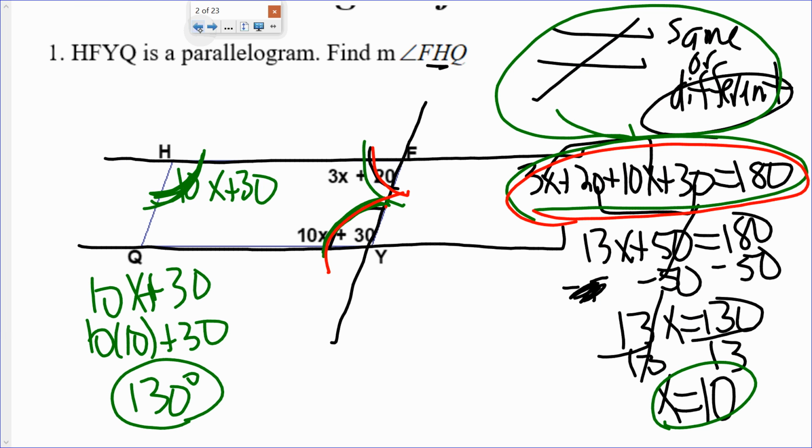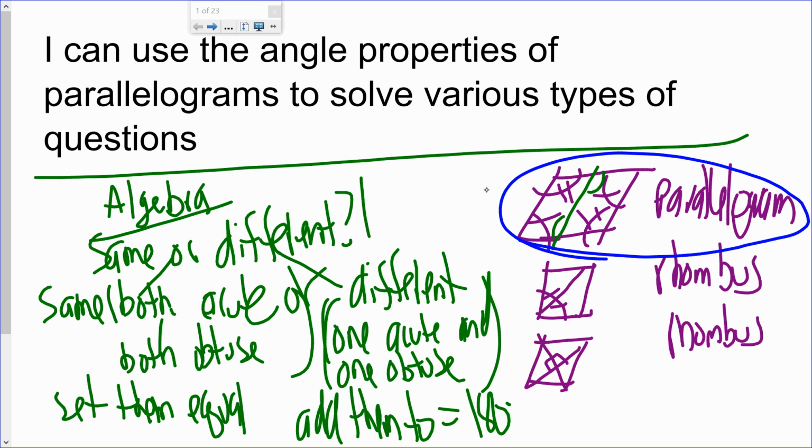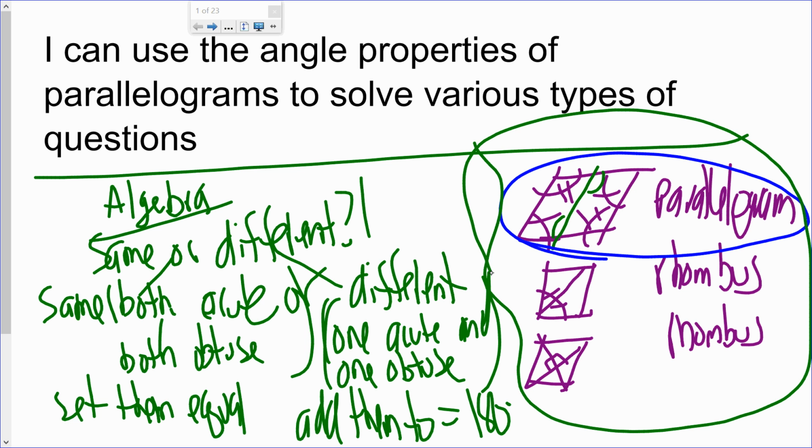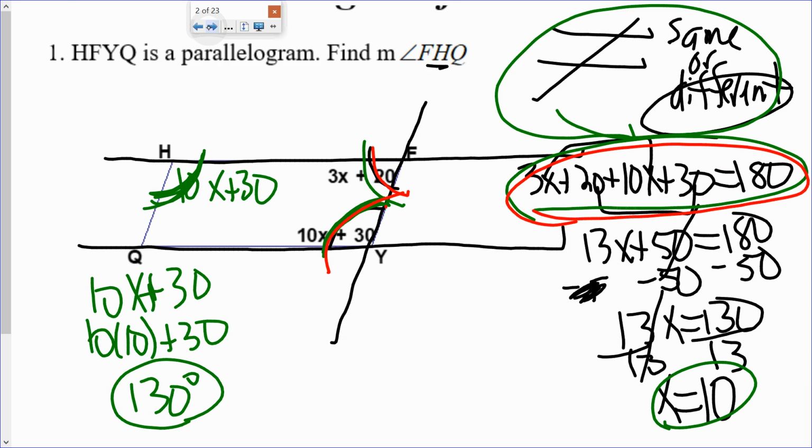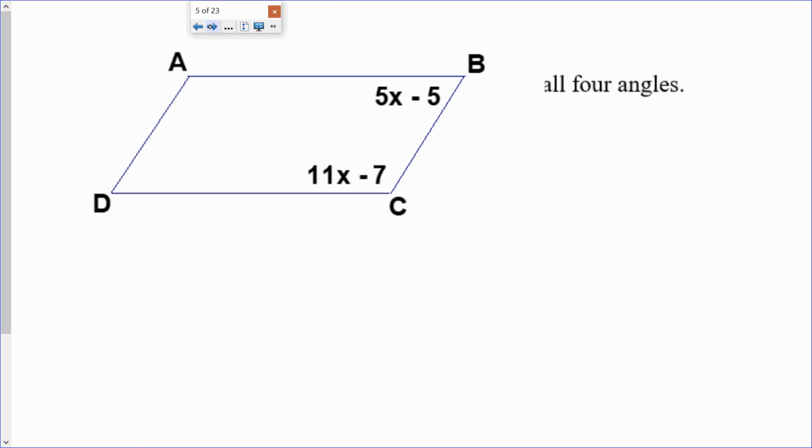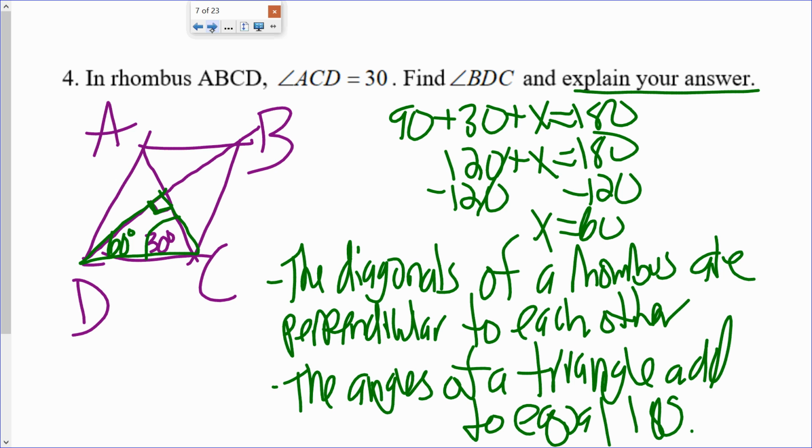And again, you can refer back to those properties there. Diagonals are perpendicular to each other. We used that in the last example. Diagonals bisect the angles. And we also know that opposite angles are congruent. And we know that if we have a transversal, alternate interior angles are congruent. So if you want to try it on your own, try it on your own, but I will go over it now.